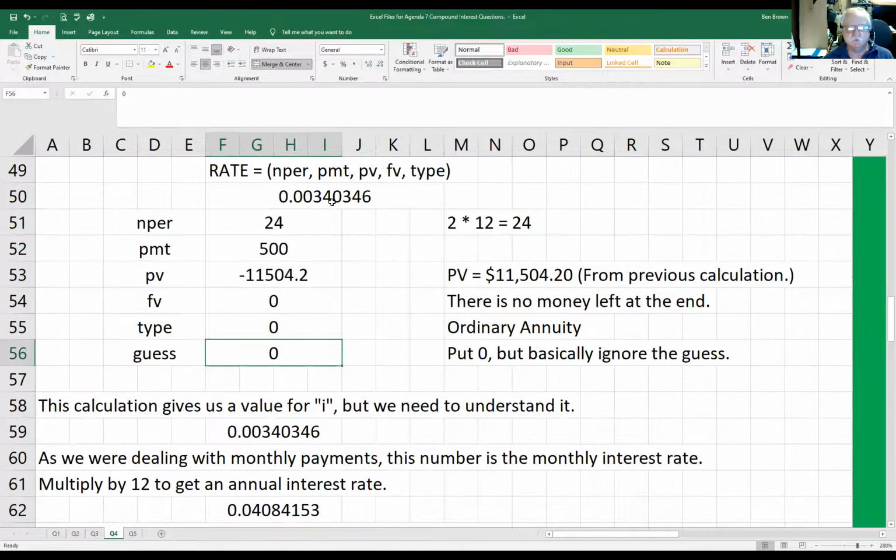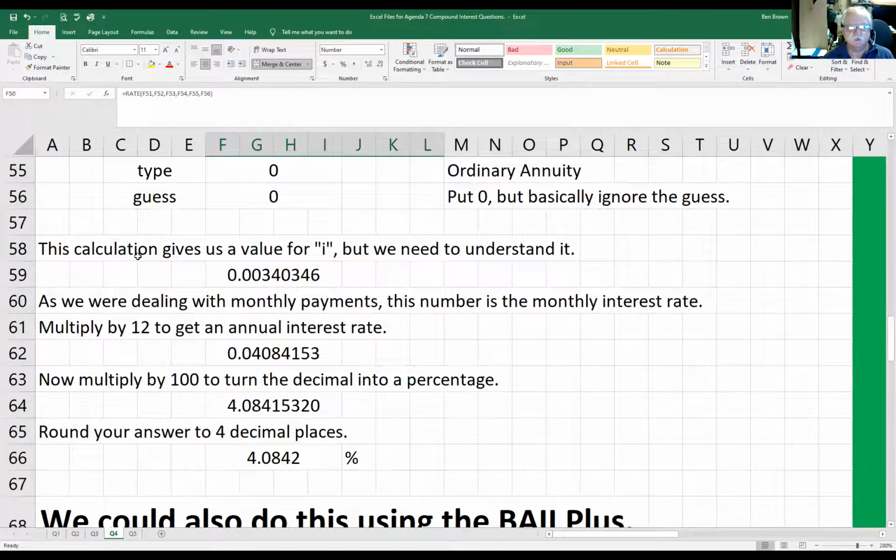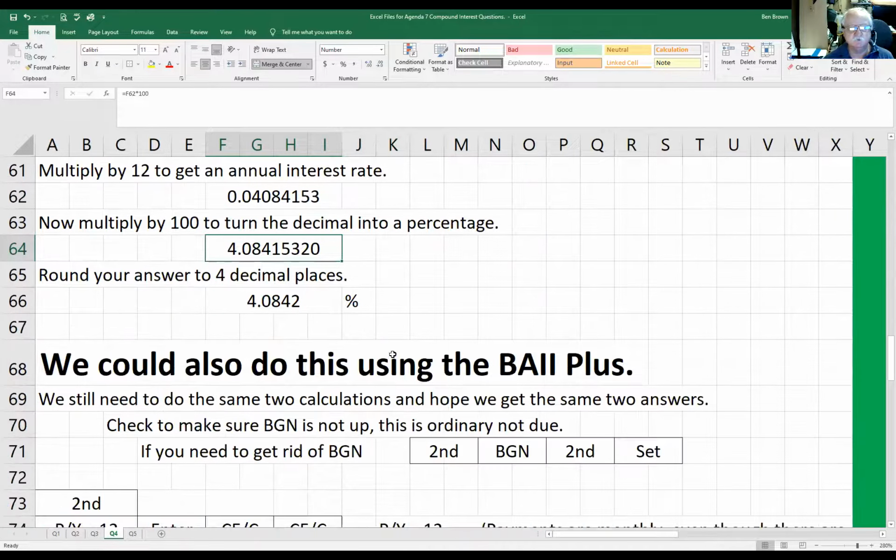So we get this number, but what does it mean to us? This calculation gives us a value for I, but we need to understand it. As we were dealing with monthly payments, this number is the monthly interest rate. So multiply by 12 to get an annual rate, and multiply it by 100 to turn it into a percentage.